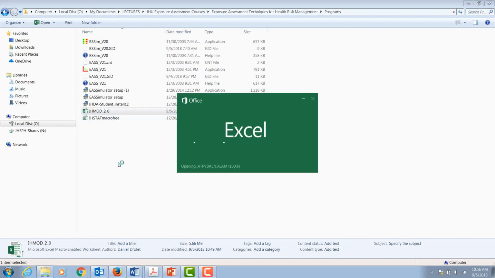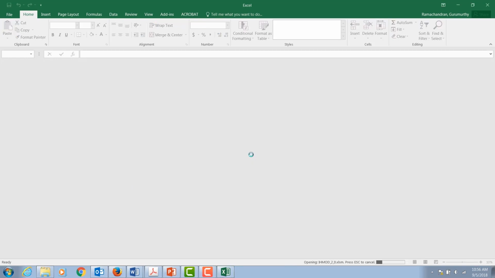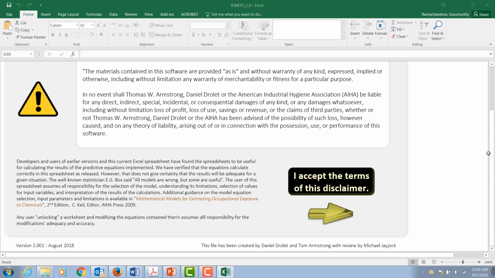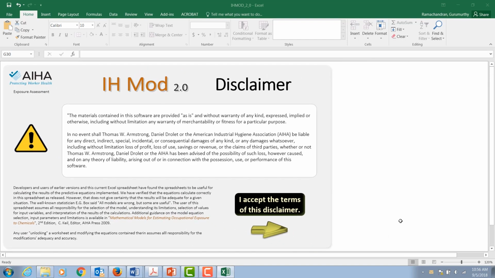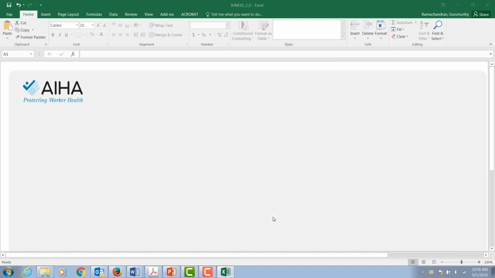When you get the spreadsheet and you click on it, you will first come up to a screen where you have to click on accept the terms of a disclaimer, and you can click that.